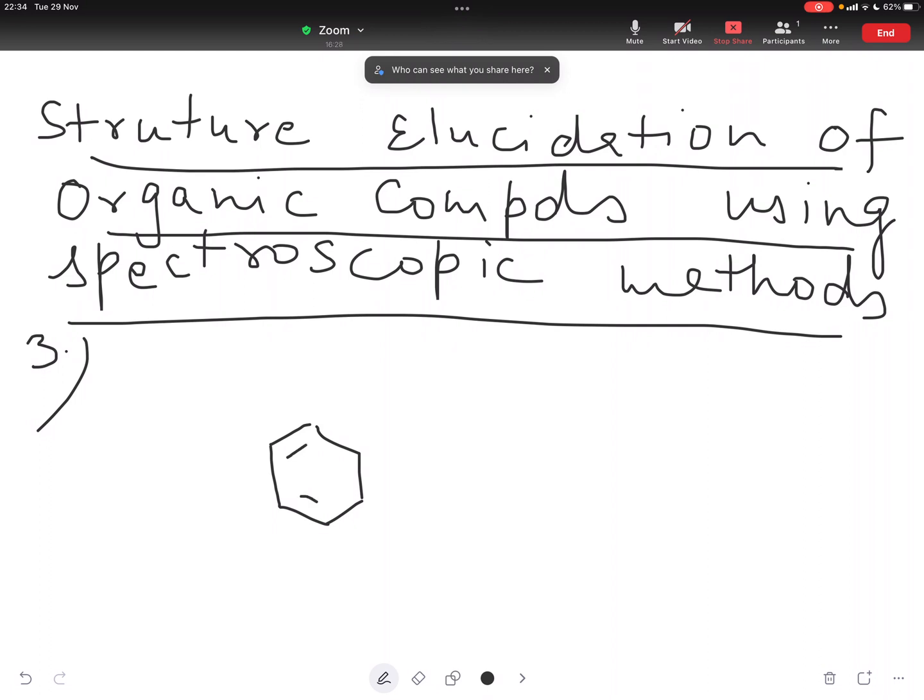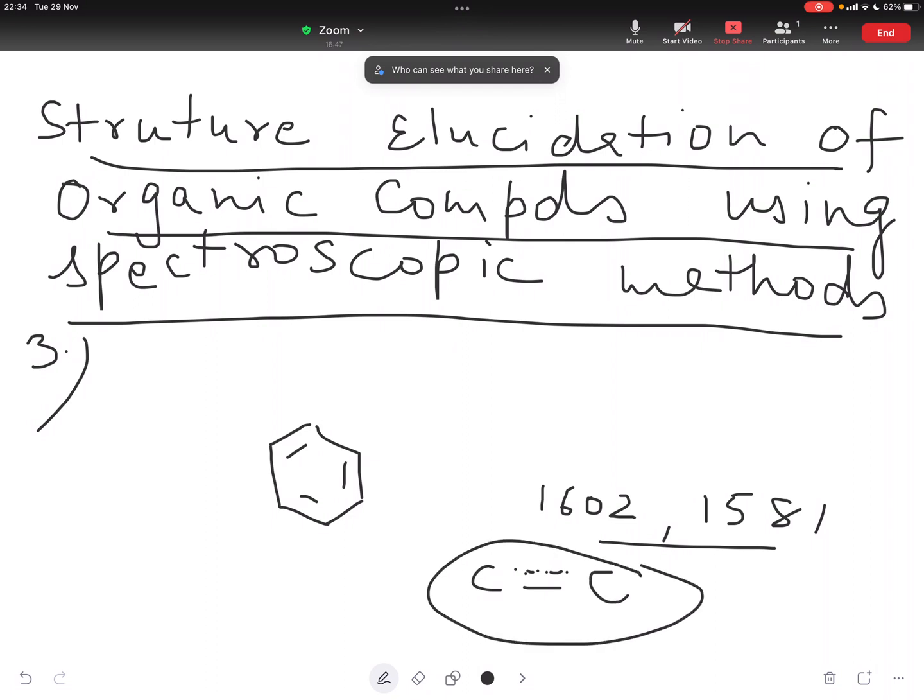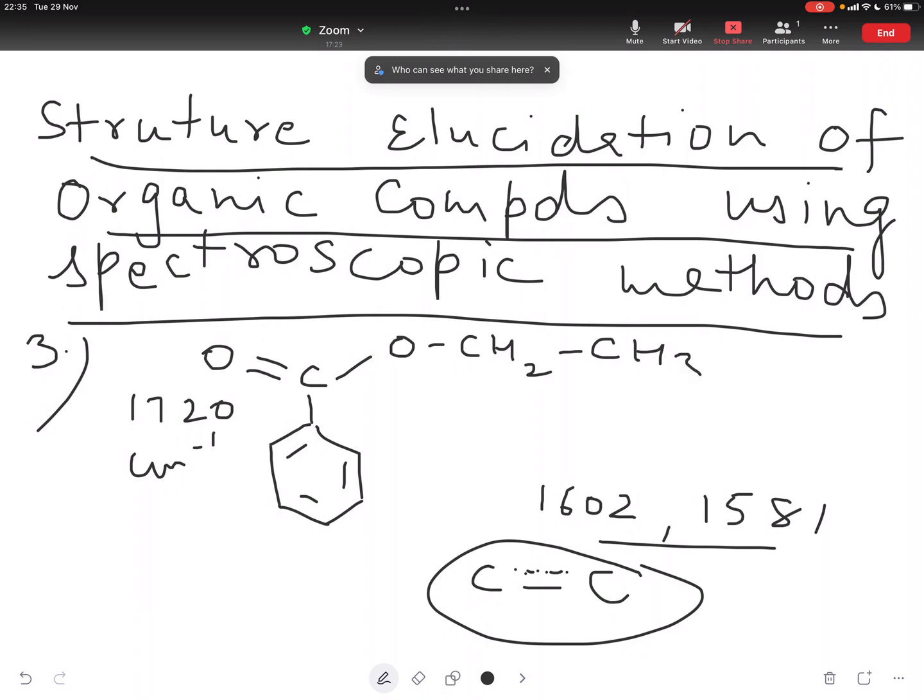The benzene ring is there. The bands at 1602 and 1581 are due to this group, the band at 1720 is the carbonyl group, and the bands at 1270 and 1105 are due to this C-O. So IR is giving this information.